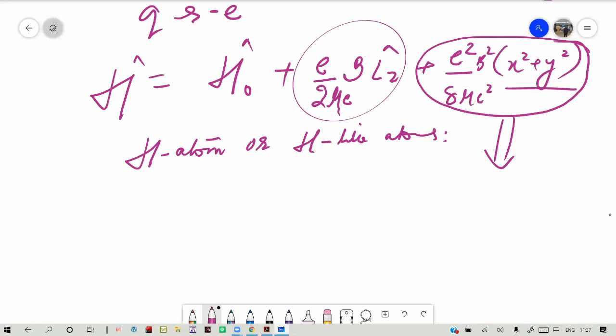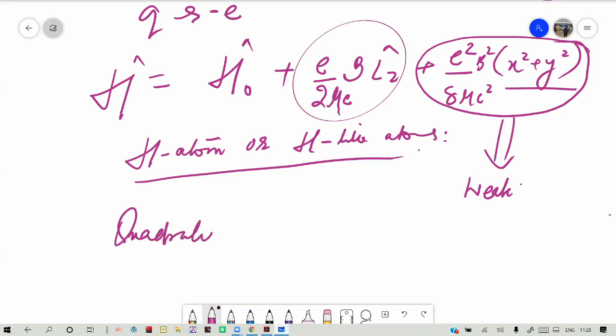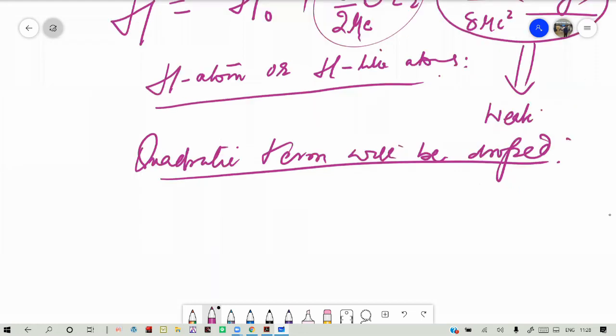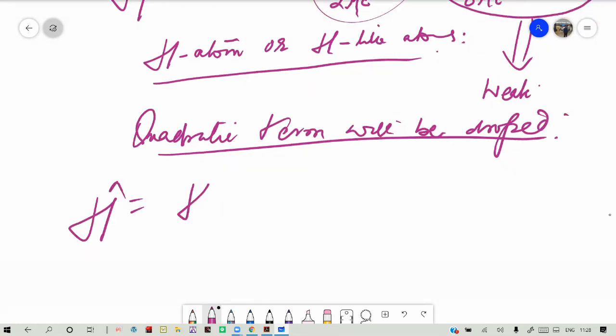Then this term becomes very weak for the case of hydrogen or hydrogen like atoms, and we will drop this term. The quadratic term will be dropped here, and we are left with H equal to H0.